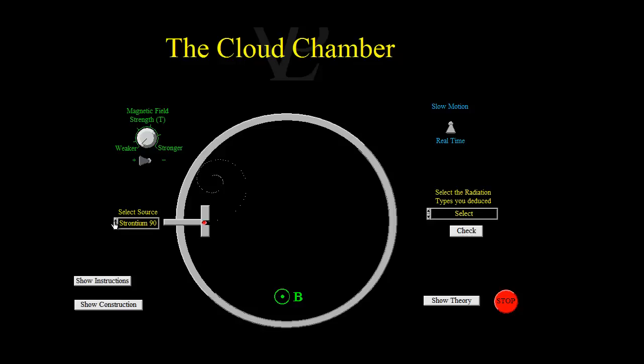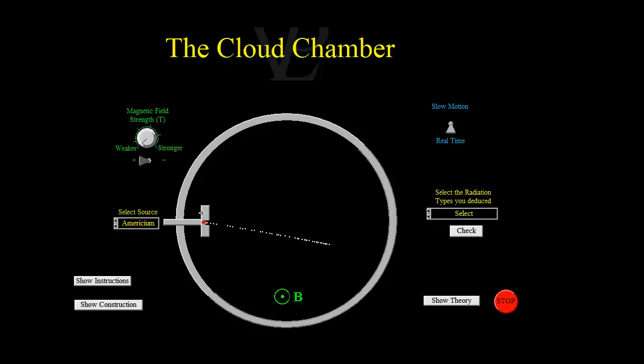Now if I change my source to an alpha emitter, so here we've got the americium, notice we're getting very long, very straight lines and a lot more vapour coming out, because the alpha particles are far more ionising than the beta particles, so you get a much, much thicker trail.